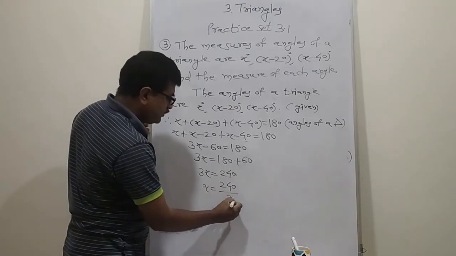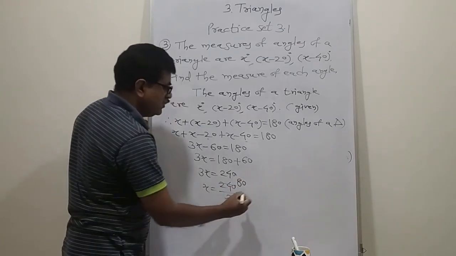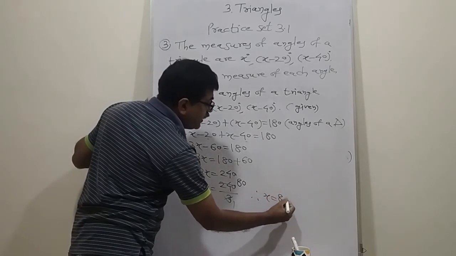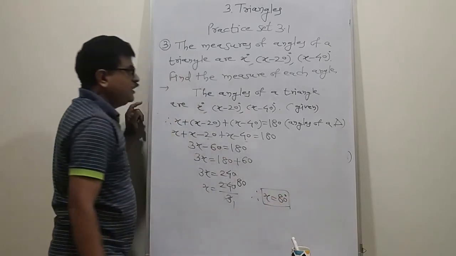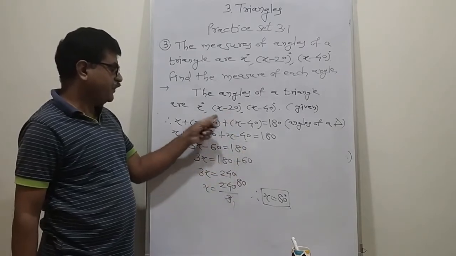Now dividing by 3, 80. Therefore the value of x is 80 degrees. First, x is 80 degrees.